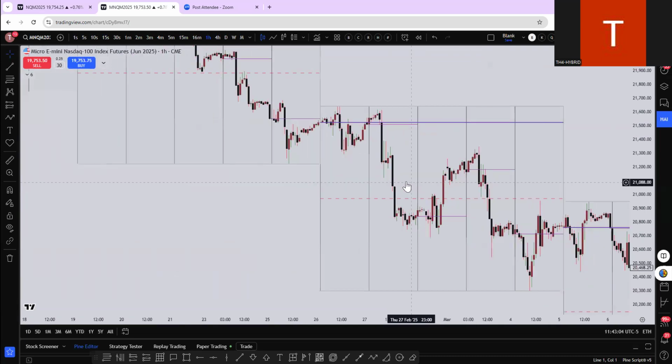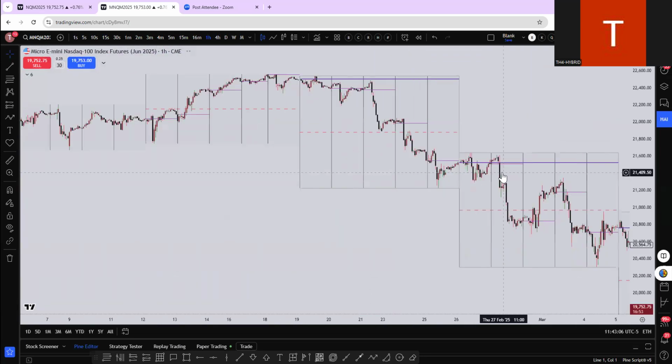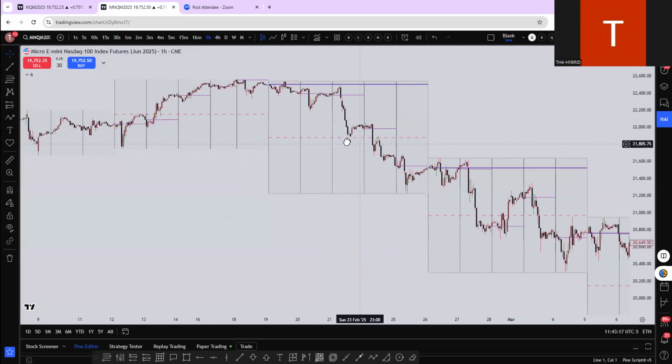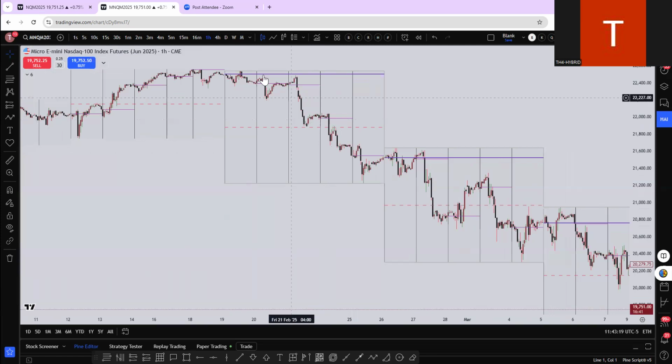So this week shifted, so I want to start here. So we opened up at a discounted portion of this range. When I look back, there's imbalances inside of here.